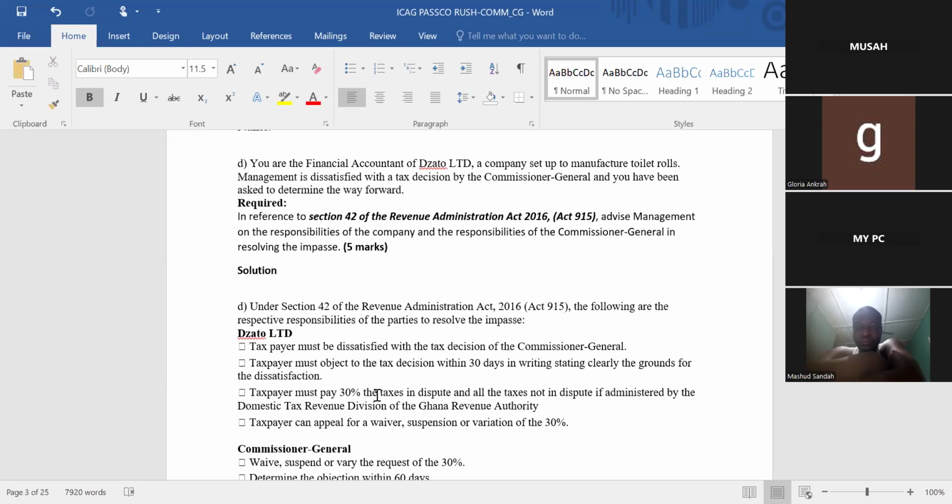Sometimes they do the benchmarking. Maybe you are in the enterprise, they'll check your sales, look at the history and all those kinds of things, and say, okay, this year they think you can make a profit of 1 million Ghana cedis. So it is that 1 million that will be the provisional assessment pending the Commissioner General's final assessment.